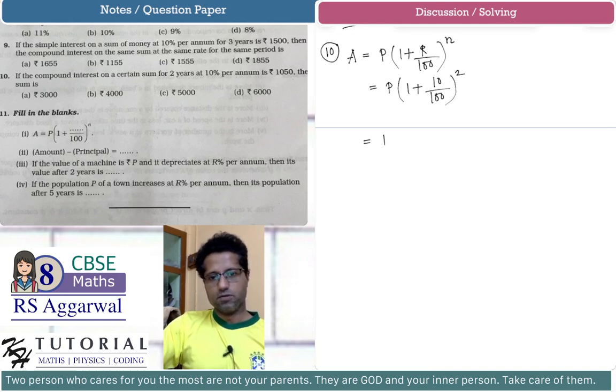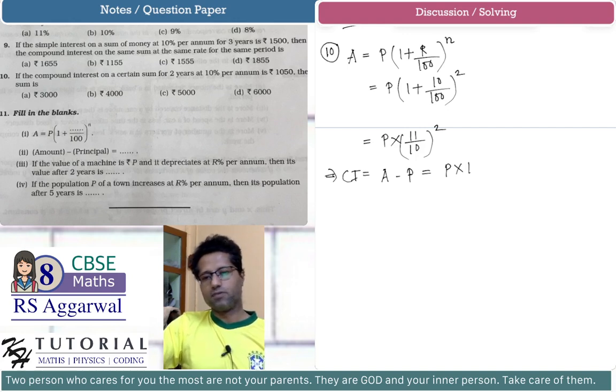So this is equal to P multiplied by 11 by 10 square. Amount is this. So this implies compound interest will be amount minus P, which is P multiplied by 11 square by 10 square, which is 121 by 100 minus P.